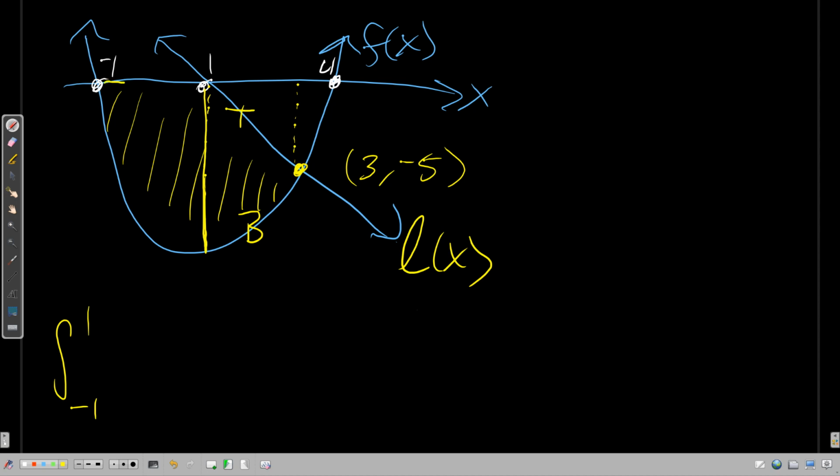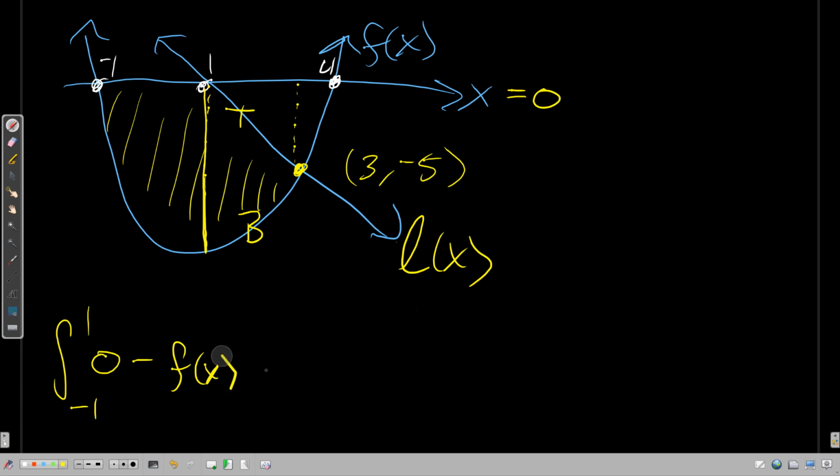Between -1 and 1, what's our top curve here? Well, it's this function 0. This is the x-axis, so the x-axis is the 0 function. So it'd be the 0 function minus the bottom curve, which is f of x. And look how it puts your negative in there for you, right? You don't end up forgetting it.